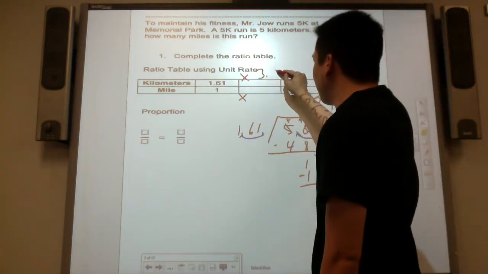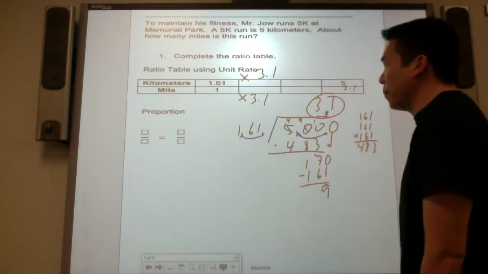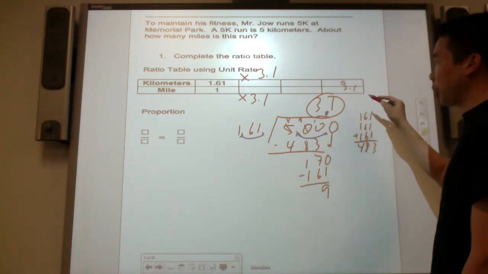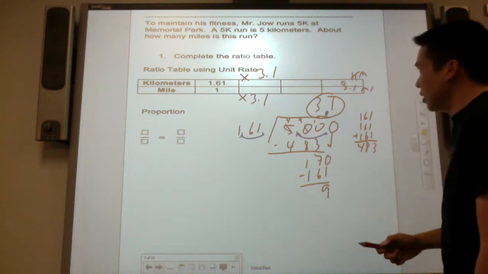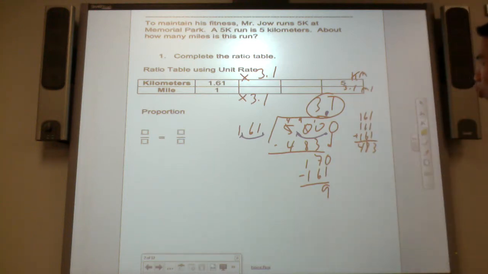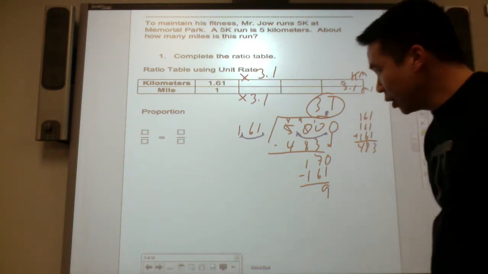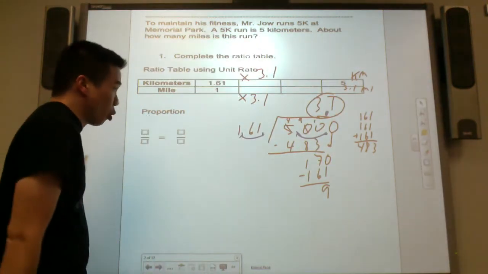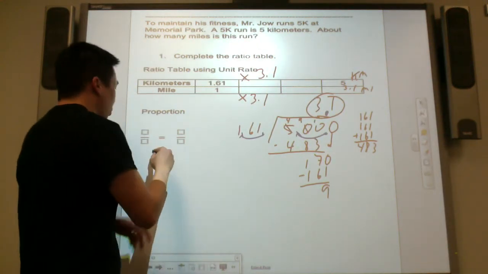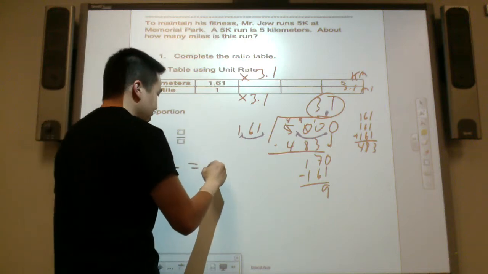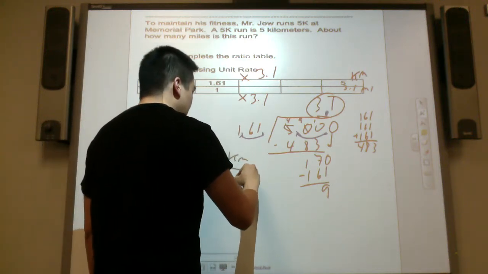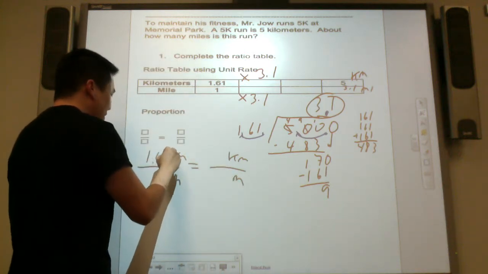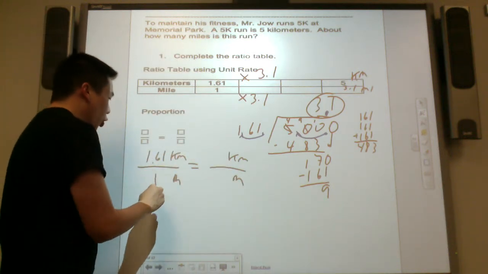So I multiply by 3.1. 1 mile times 3.1 is 3.1 miles. So 5 kilometers is the same as saying 3.1 miles. You can also set up a proportion if that's easier for you. We know a proportion is about kilometers per mile. There are 1.61 kilometers per mile.